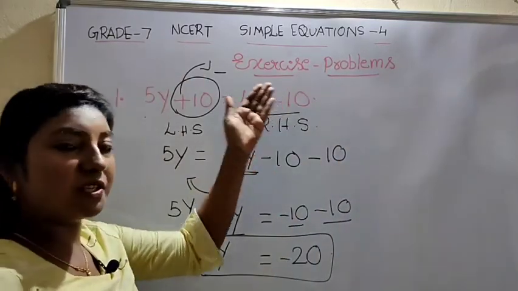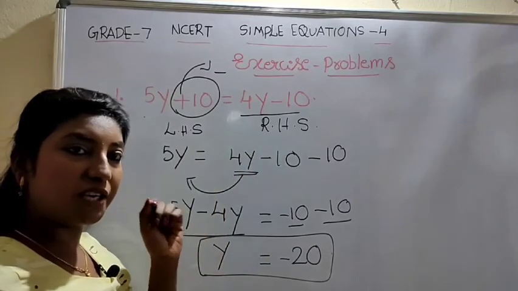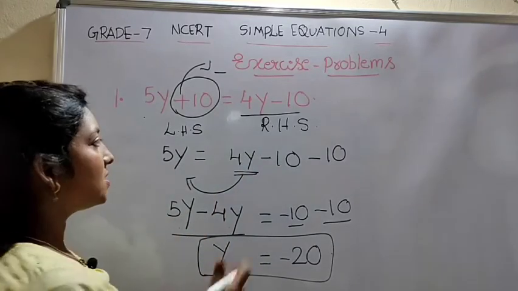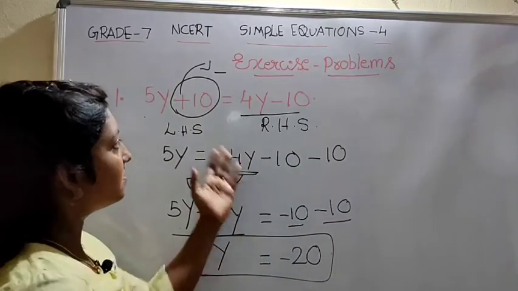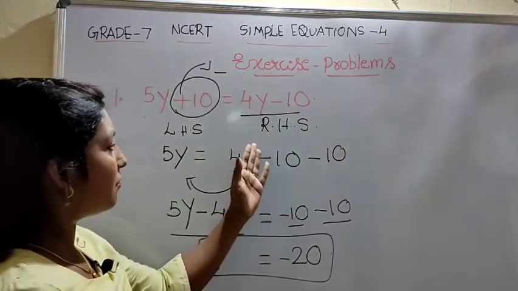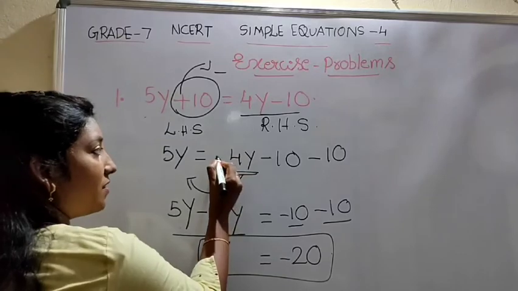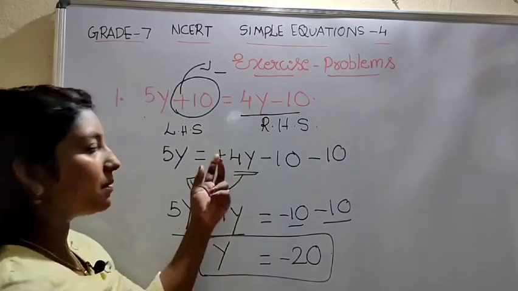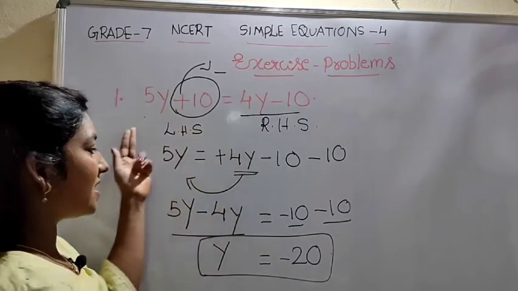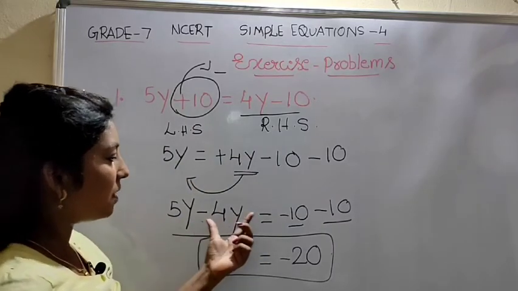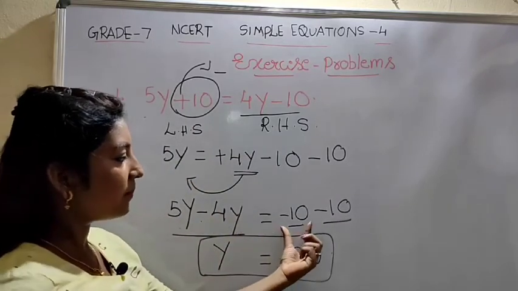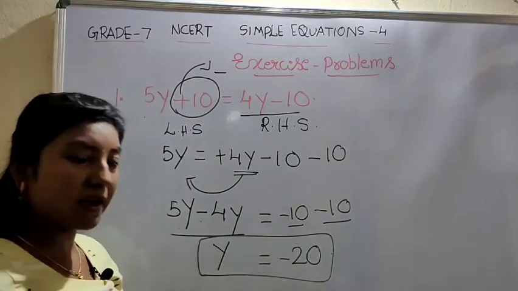While we are changing the side, we have to change the sign. So I have changed the sign, which is, it becomes plus 10 to minus 10 and 4y. Here if there is no sign, it becomes plus 4y. When it comes to the left hand side, it becomes minus 4y. So 5y minus 4y gives y and minus 10 minus 10 becomes minus 20.